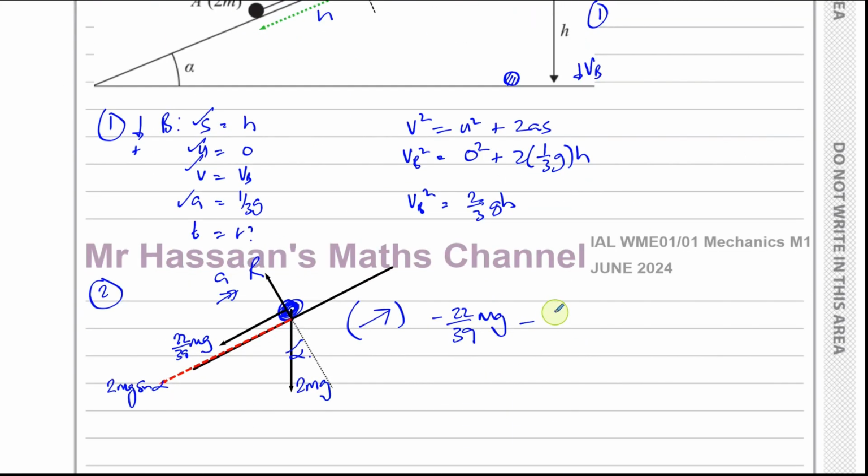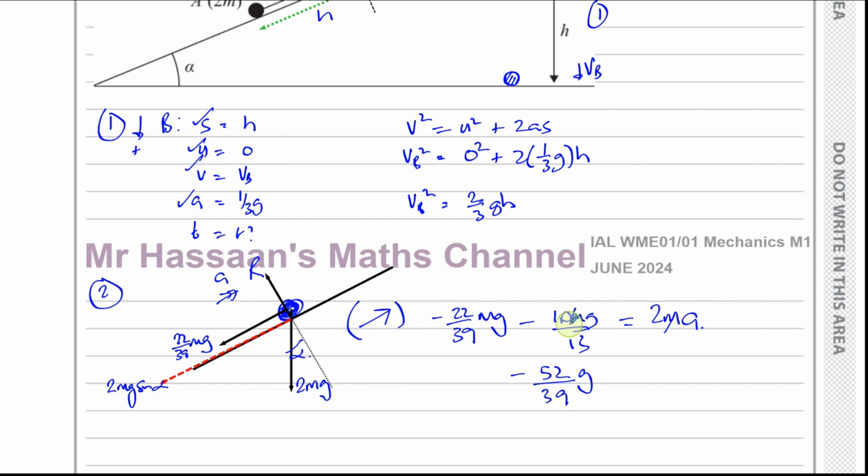So 2 mg times 5/13, that's 10 mg/13. So that's minus, equal to the mass, which is 2m, times acceleration. So we can find the new acceleration now. This is minus, that's going to be 30/39, so it's minus 52/39 g.